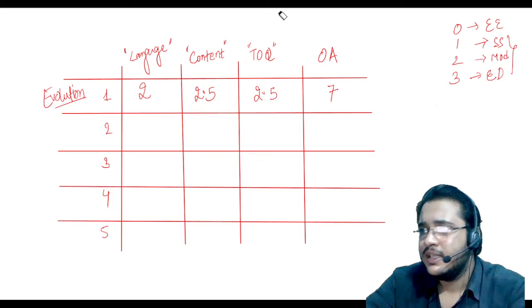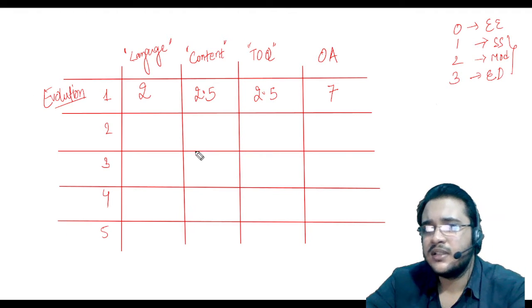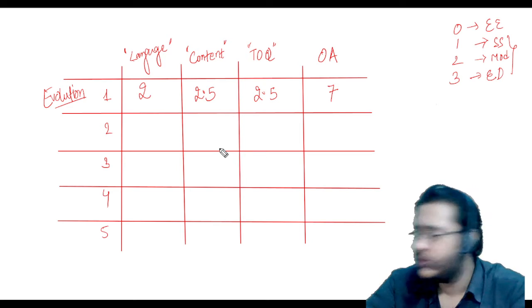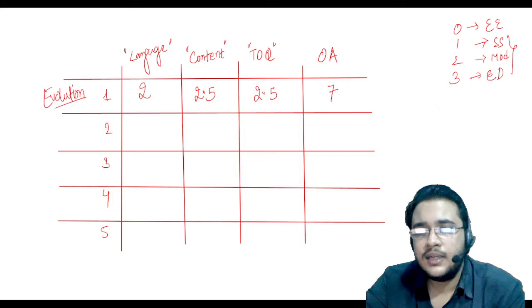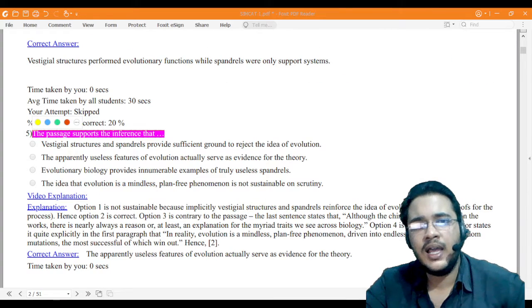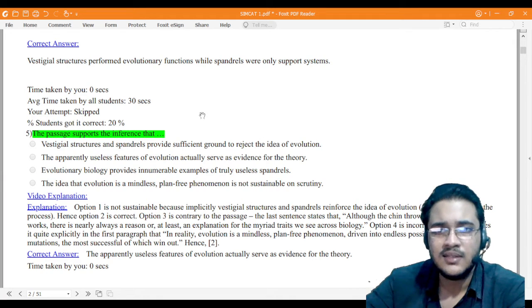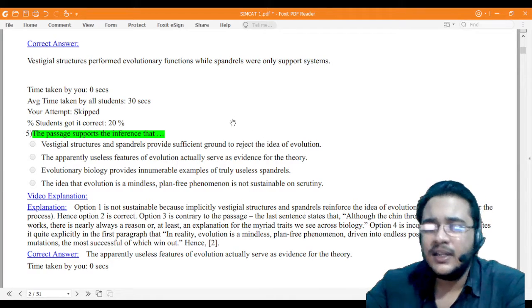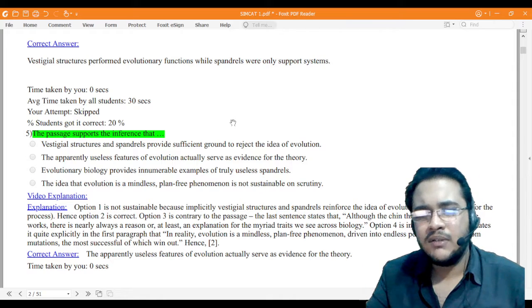Having said that, one more interesting thing, guys, at this point you can ask me, sir, this is taking too much time. Obviously this is taking a little too much time for me, but please understand, when you have done enough and more RC practice like this, it will not take that much time for you. You don't even need to write language content type of question.